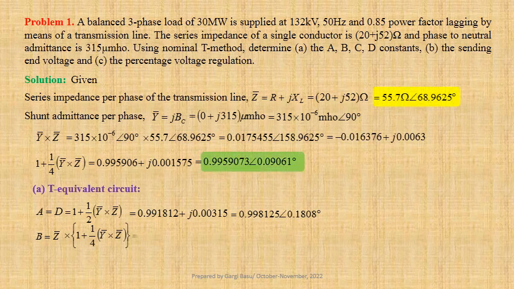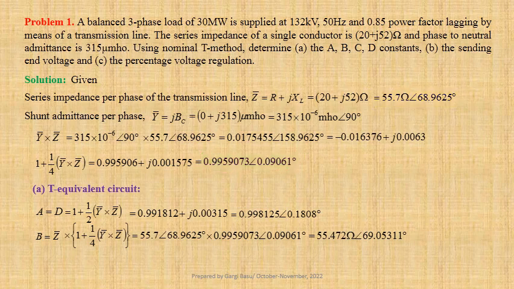Using values we get 55.7 at an angle 68.9625 degree into 0.9959073 at an angle 0.09061 degree. That gives us 55.472 ohm at an angle 69.05311 degree. And C equals Y, that is equal to 315 into 10 to the power minus 6 mho at an angle 90 degree.